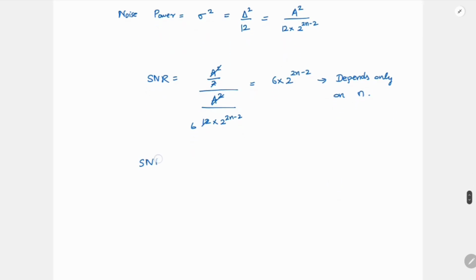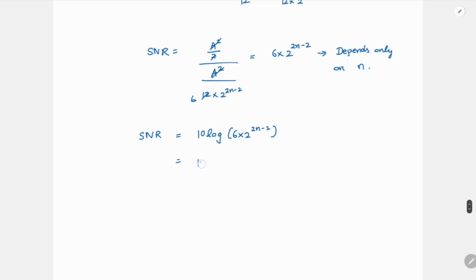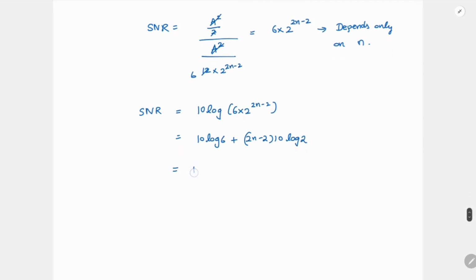And SNR usually is expressed in log form. Since it is power, we need to take 10 log of 6 into 2 power 2n minus 2. So this is nothing but 10 log 6 plus 2n minus 2 into 10 log 2.